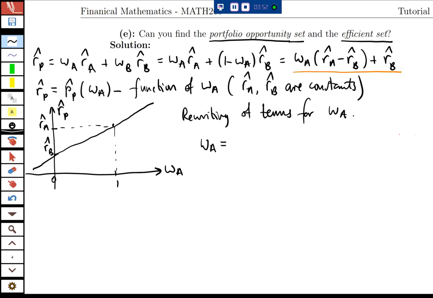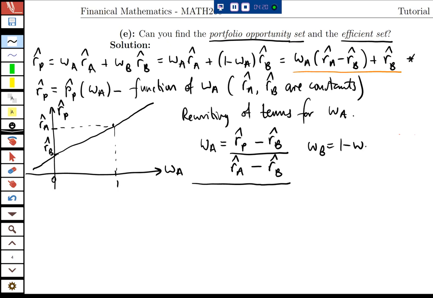For omega A, we need to take the portfolio expected return, just rearranging up here, subtract the expected return for asset B, and divide out by that gradient term. And that gives the weight omega A.